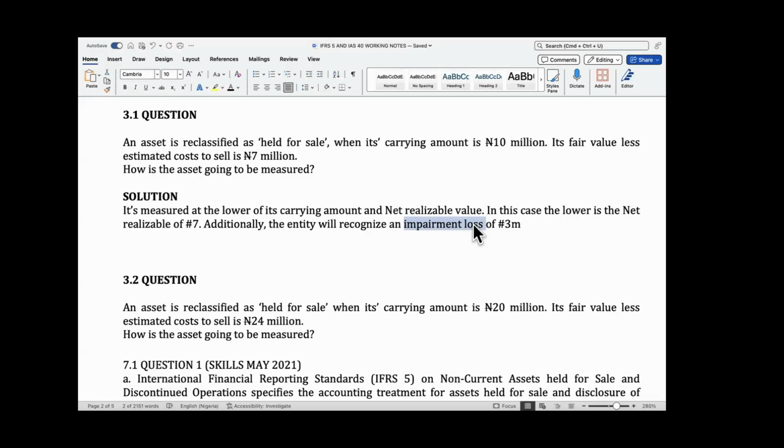The only reason why we are having impairment loss is when the fair value less cost to sell is lower, because at that point you then need to change this 10 million to 7. You need to reduce the value of your asset. That's an impairment loss. That's the only scenario where impairment loss will arise.